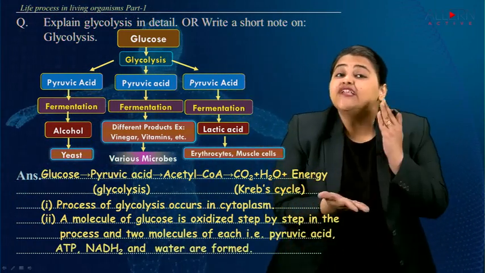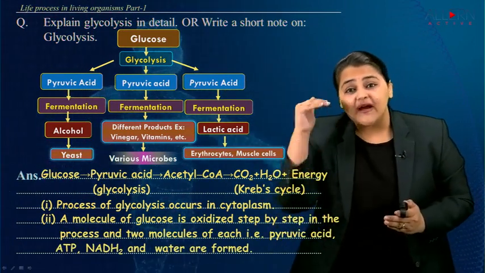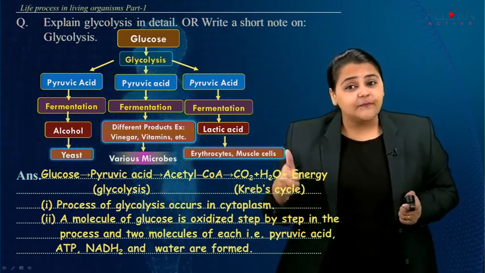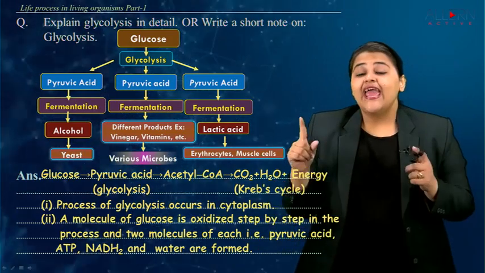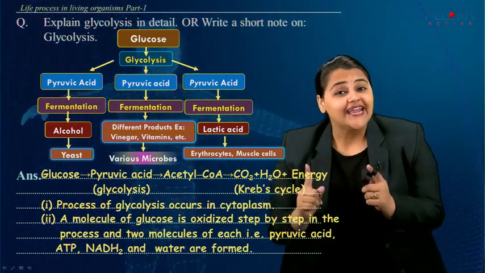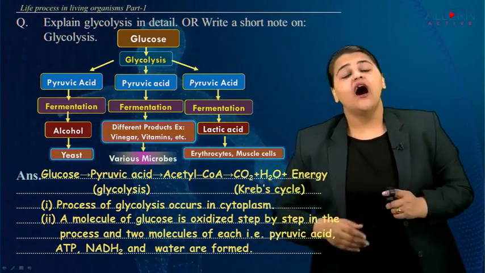It means it is oxidized step by step. When it's oxidized step by step, two molecules of pyruvic acid, ATP, NADH2, whose full form is nicotinamide adenine dinucleotide, and water are formed.